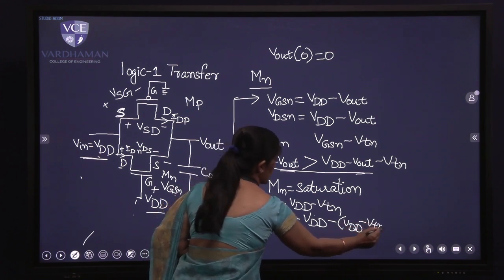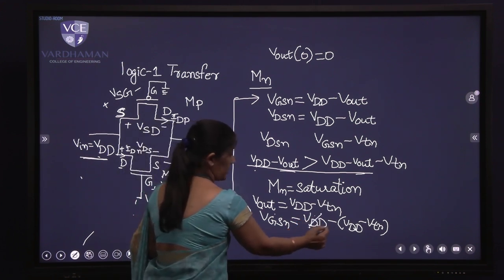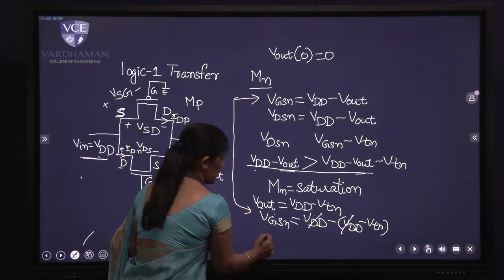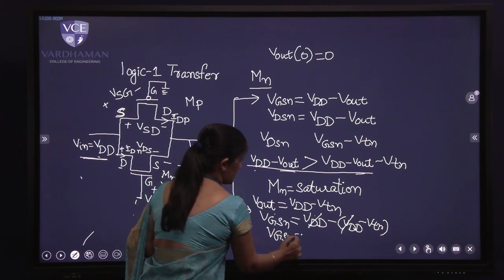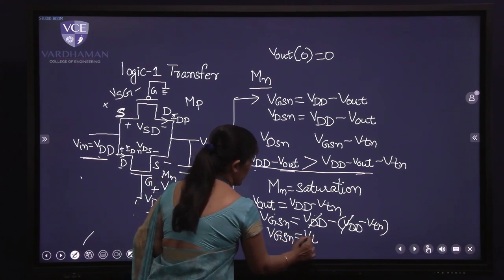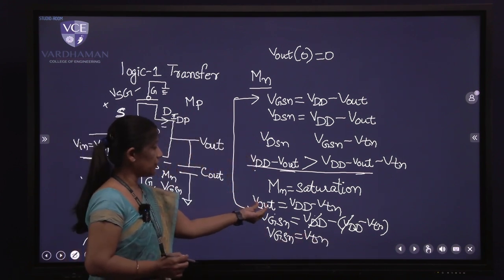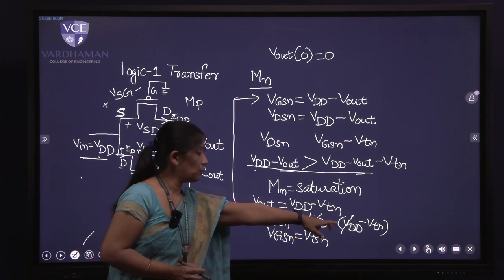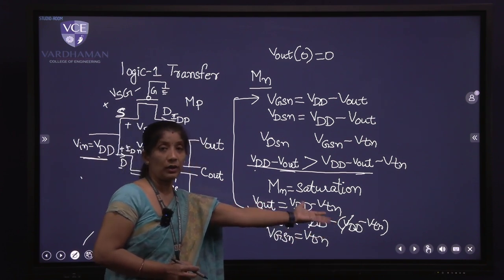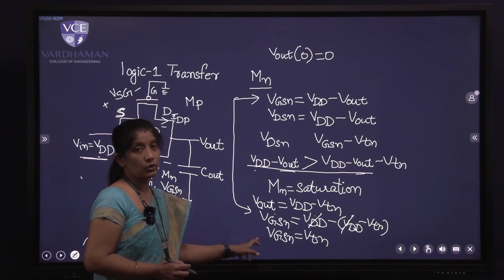If I expand it, VDD and minus VDD cancel, and I have VGSN equal to VTN. So what do we understand from here? When Vout is increasing beyond VDD minus VTN, this term will increase further, thereby decreasing my gate to source voltage.